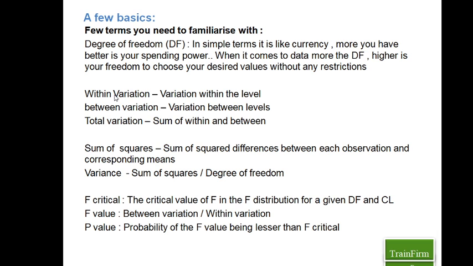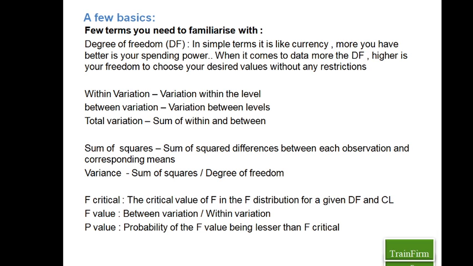If I take the ratio of between to within, I'll get a particular ratio which is called the F value, right? And this is a very important measure. Technically, it is the variance that I calculate, and the ratio of the variance between to within will give me the F value.